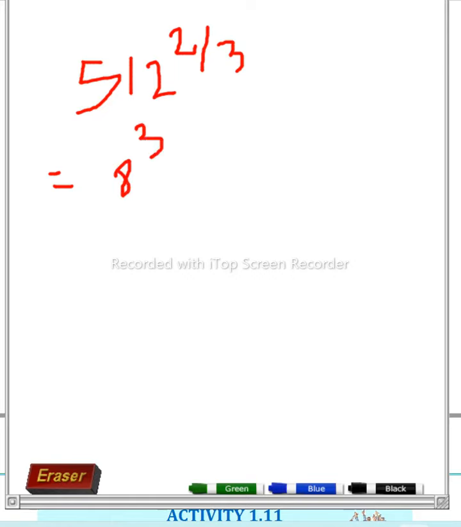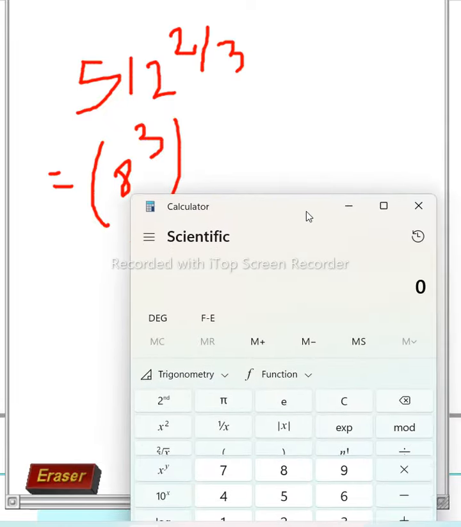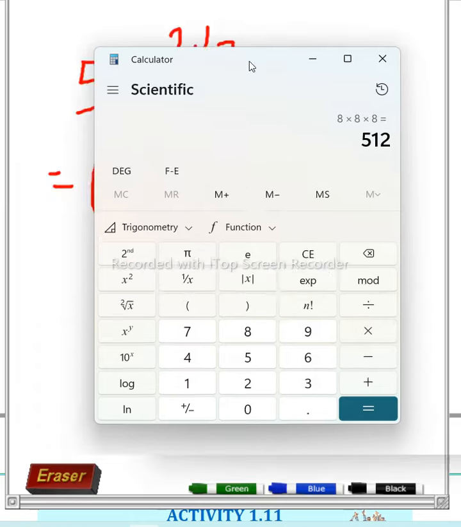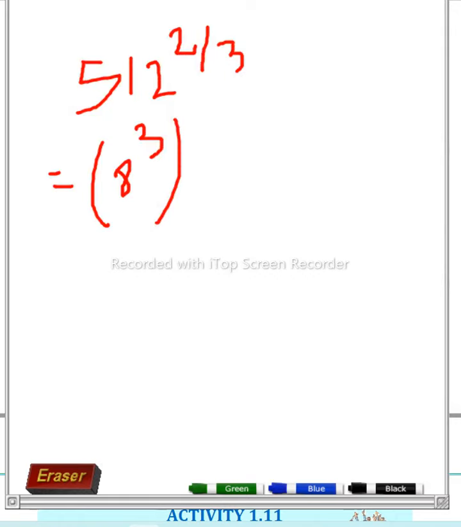You can use your calculator to check this, because 8 times 8 times 8 is equal to 512. So 512 means 8 to the power of 3, again to the power of 2 over 3.